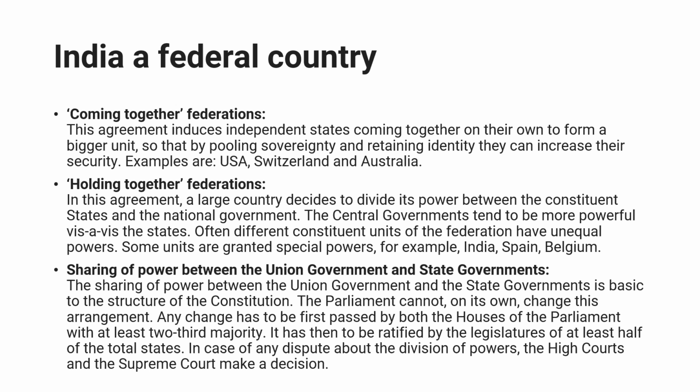Any change has to be first passed by both houses of Parliament with at least a two-thirds majority. It has then to be ratified by the legislatures of at least half of the total states. In case of any dispute about the division of powers, the High Courts and the Supreme Court make a decision.